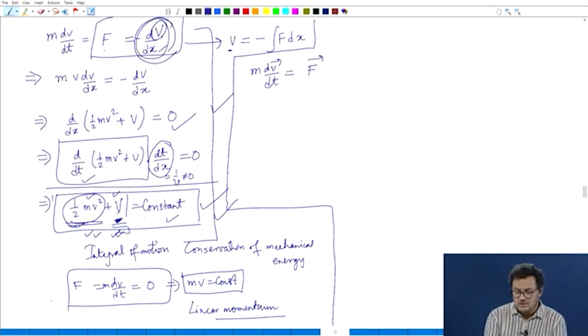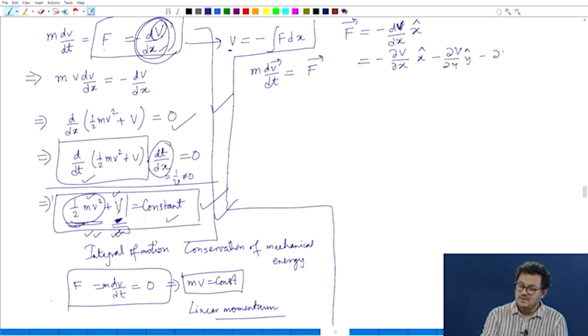So, one can easily show that in 1D this is minus dV/dx, where V is a capital V, times x cap. Okay. In more than 1D, let us say in 3D, in a Cartesian system, you simply have minus ∂V/∂x x cap, minus ∂V/∂y y cap, minus ∂V/∂z z cap.